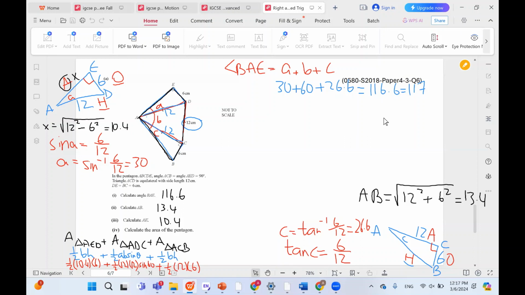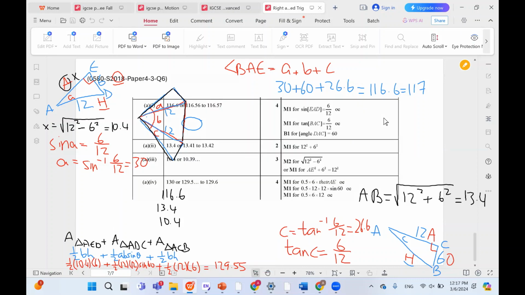And then you add to that 0.5 times 12 times 12 times sine 60. And then you add to that 0.5 times 12 times 6. You should get a total area of 129.55. And this would be the final answer.